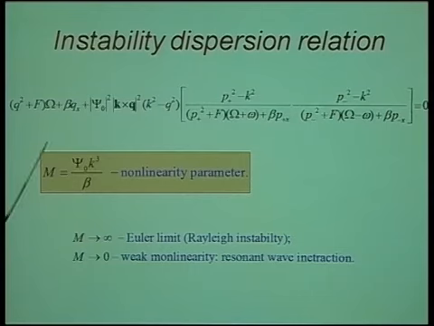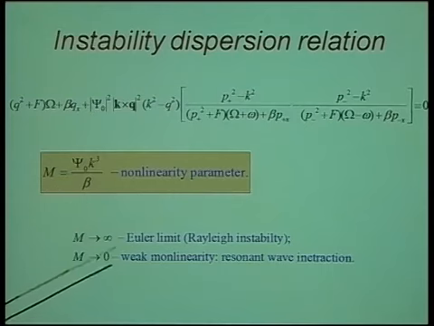And also he introduced this nonlinearity parameter of the wave, its amplitude times k cubed divided by beta, right? The instability changes its quality depending on whether this nonlinearity parameter is big or small.